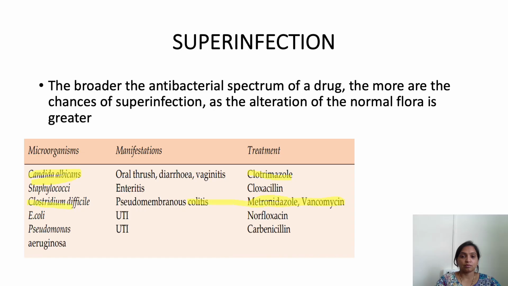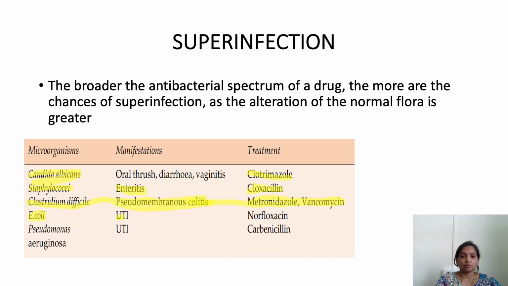Clostridium difficile infection, which is pseudomembranous colitis, is treated with metronidazole or vancomycin. For infection with staphylococci, which manifests as enteritis, we can use cloxacillin. And E. coli can happen.